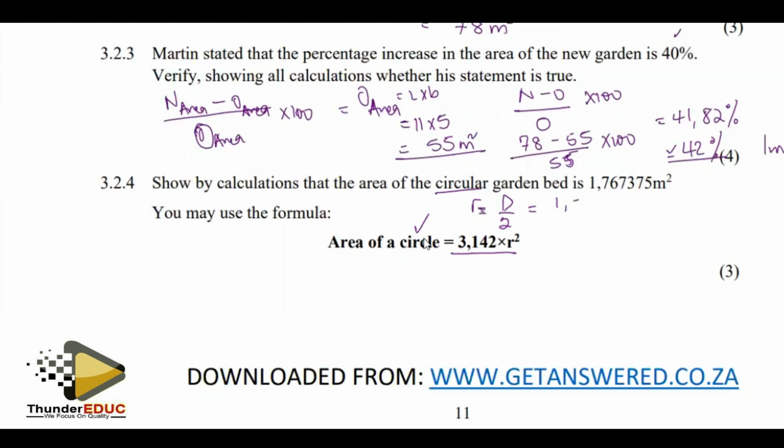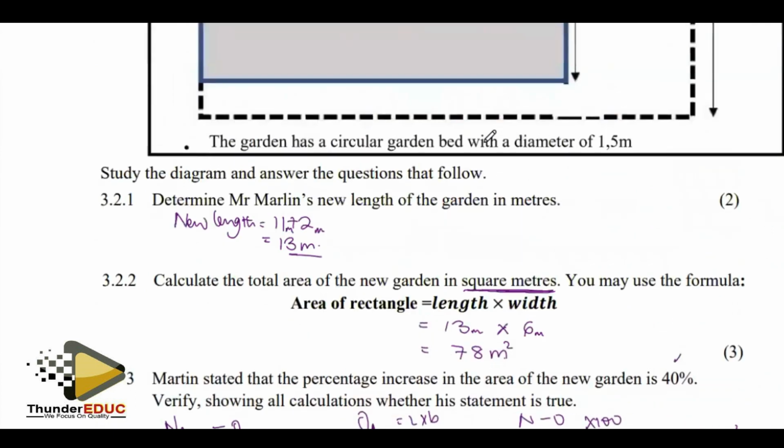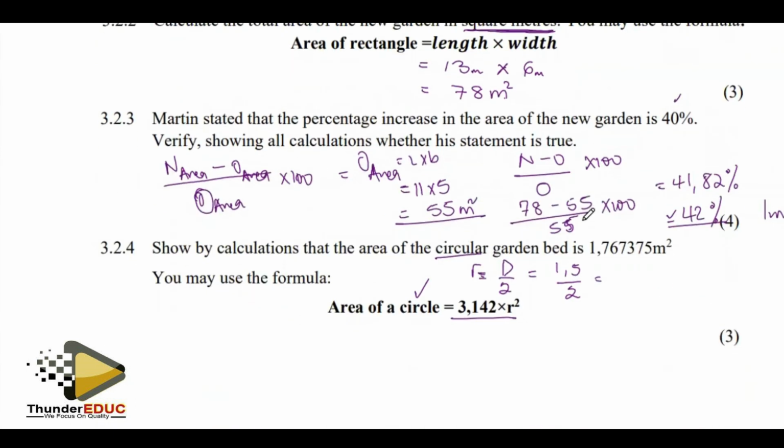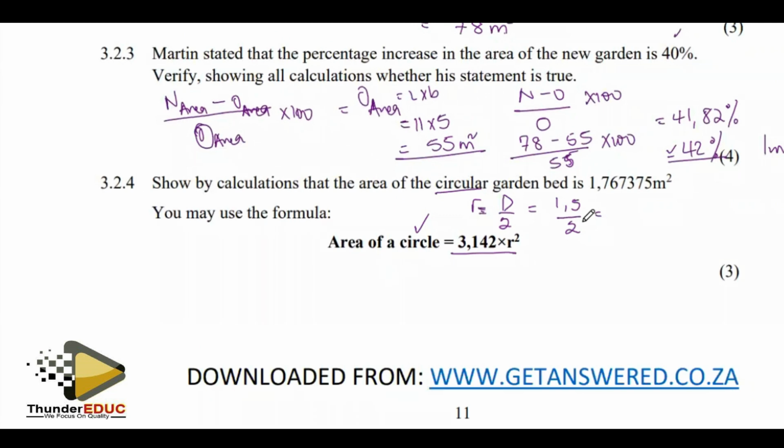They told us the diameter was 1.5. Sorry, not 2. So we do that, 1.5 divided by 2. We have the answer 0.75. Now our radius is 0.75.